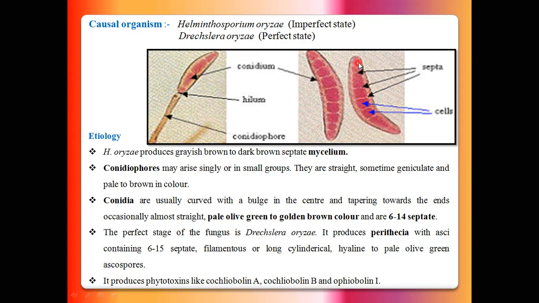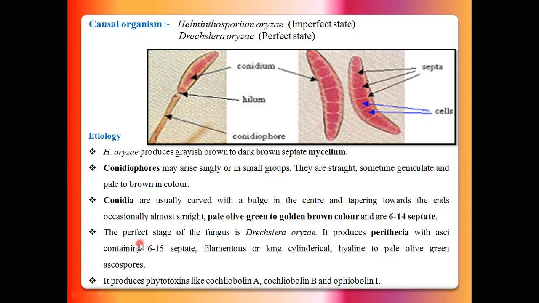This conidia is generally produced at the tip of the conidiophore, and is generally pale olive green to golden brown in color. So this conidia is produced asexually by the fungus Helminthosporium oryzae.